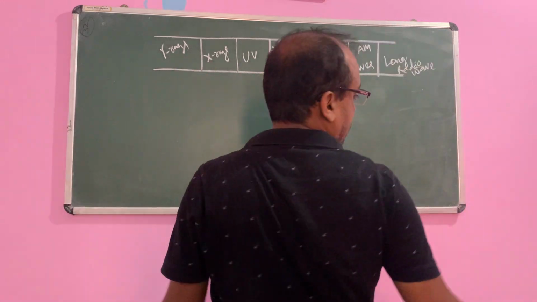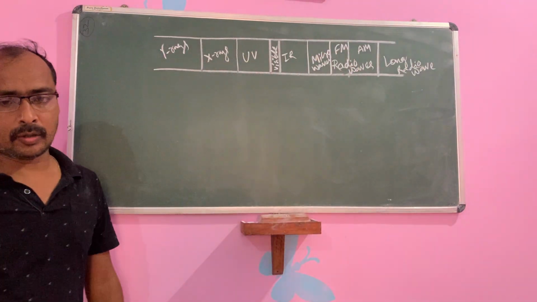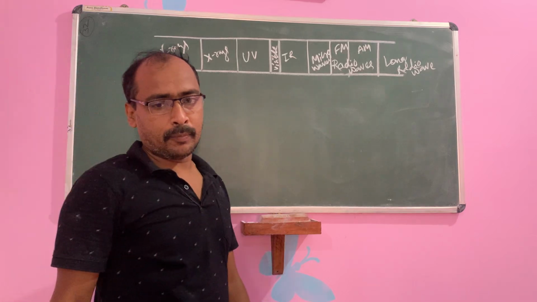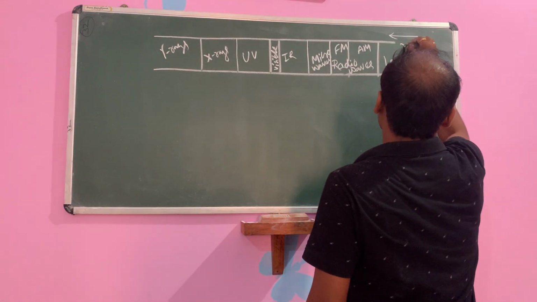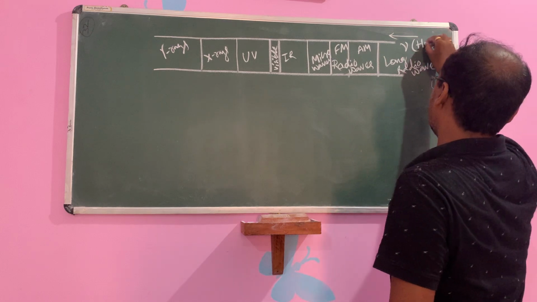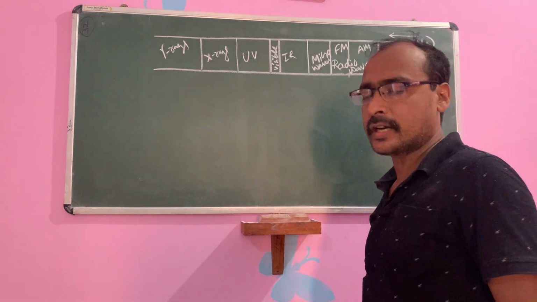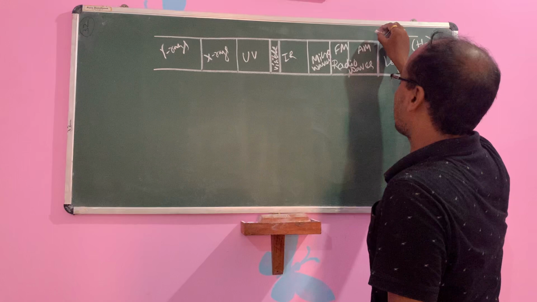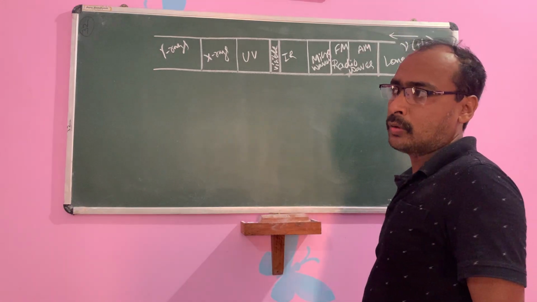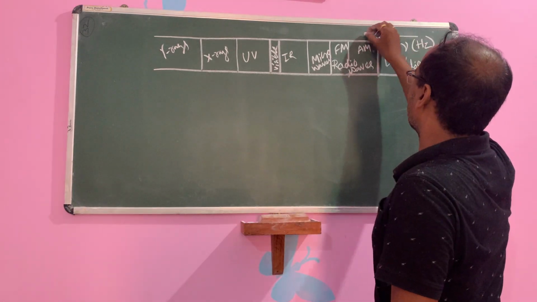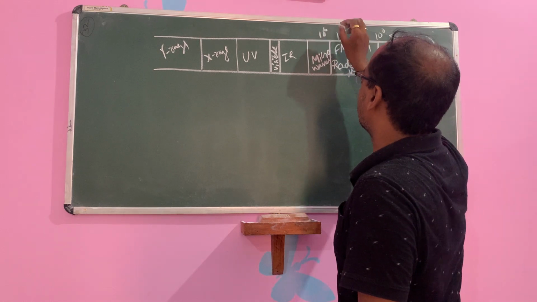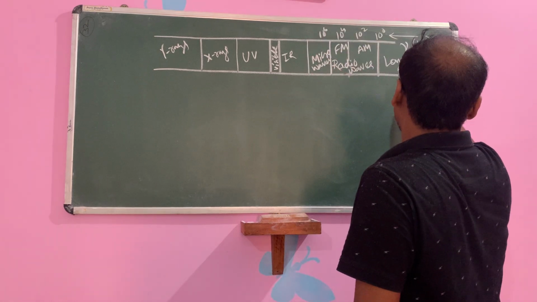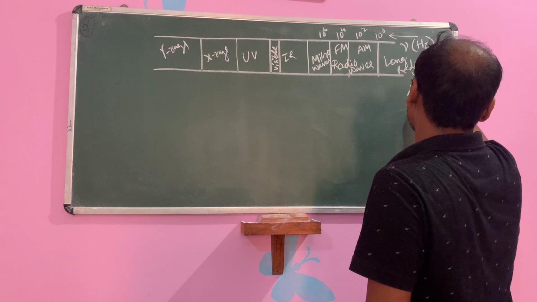So these are arranged in increasing and decreasing order of wavelength and frequency. Frequency increases in this direction. Here the frequency is your nu and unit is your hertz. Suppose we are starting from 10 to the power 0, then 10 to the power 2, then 10 to the power 4, then 10 to the power 6, like this. You see your book. Similarly, wavelength in meter.